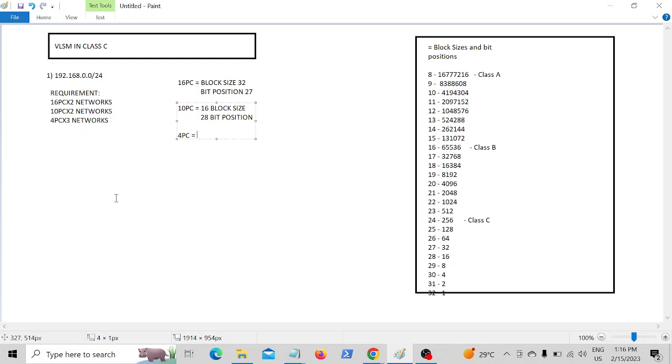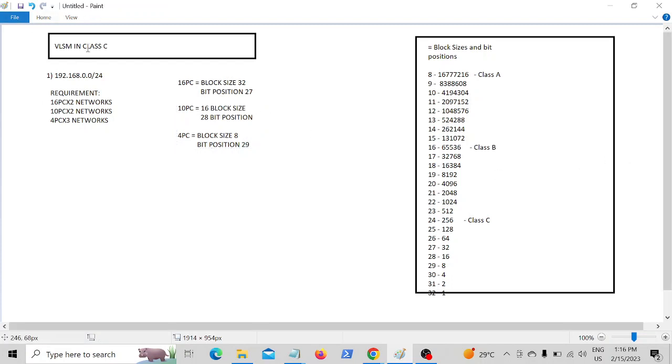Yeah, exactly. Once I do minus 2, it will become 2, then the requirement will be only 2. But your requirement is 4 PCs, so we are going for 8. So block size is 8 and bit position is 29.